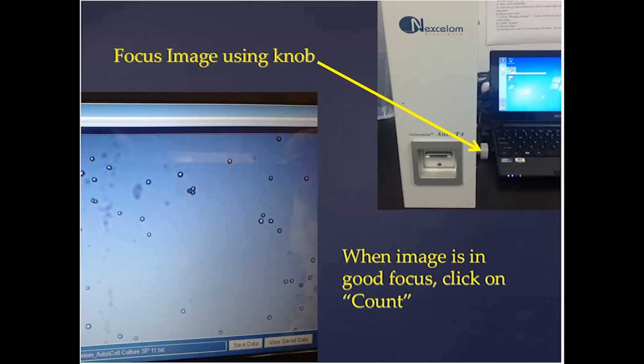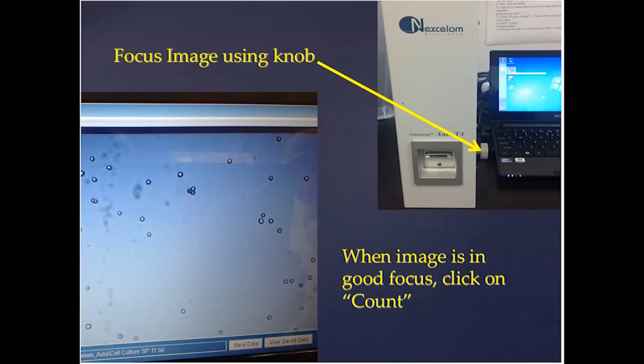When you have clicked on Display Image, the next thing you will see on your screen is what is actually the image of the cells. At this point, you use the focus knob that is part of your Nexcelom celometer box and get the image in good focus. Good focus is when you see the cells that are looking shiny.